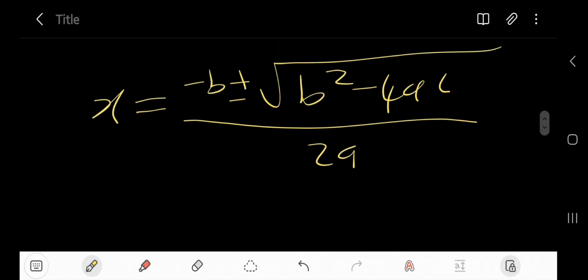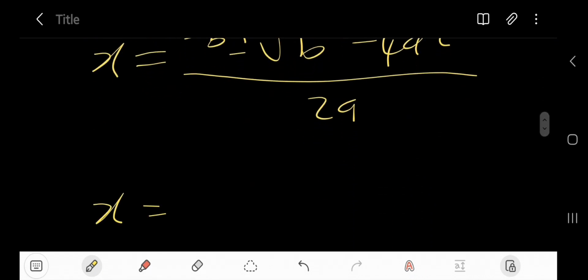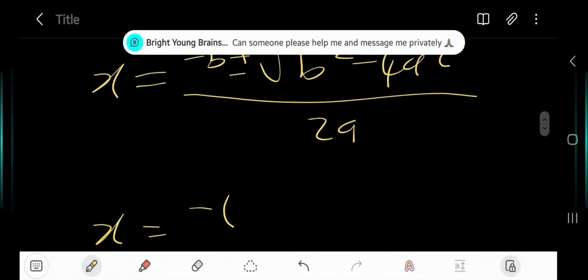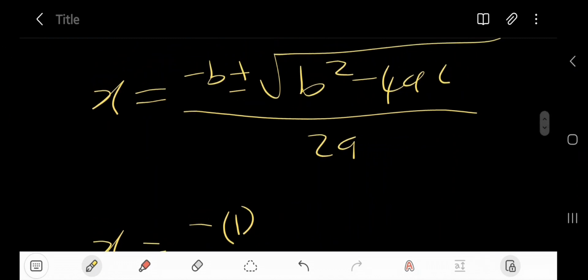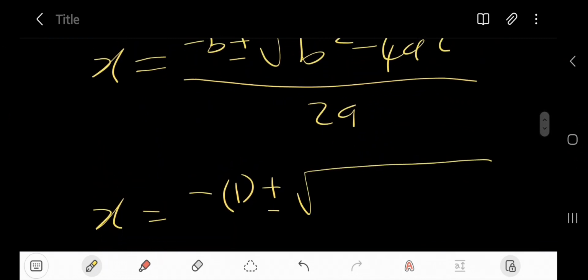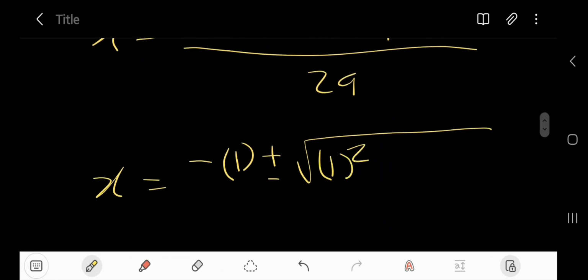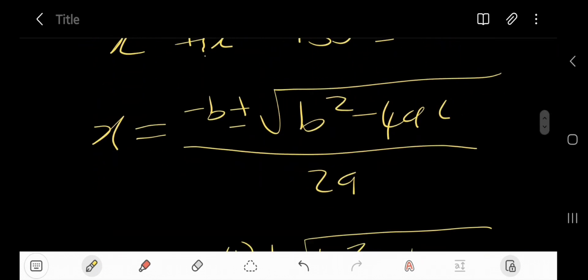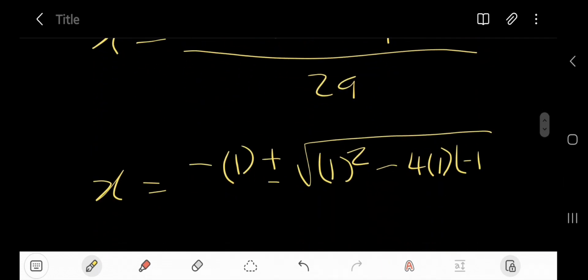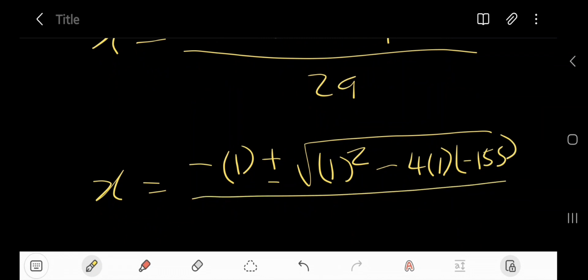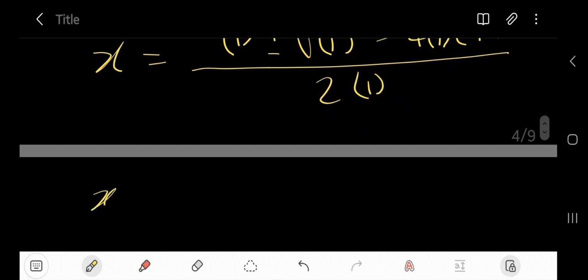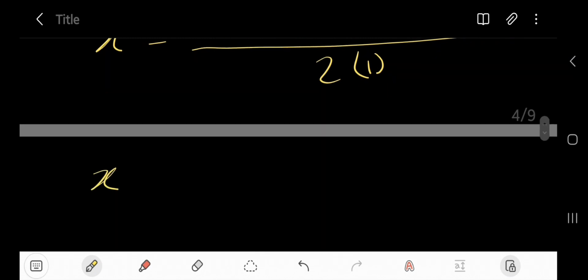Our b is going to be our invisible 1 there, so minus 1 plus or minus the root of 1 squared minus 4, our a value is also 1, into 1, our c value in this case is negative 155, all over 2 into 1. So that's what we have there, and then you just solve for x. I believe you're going to get 2 answers for x.